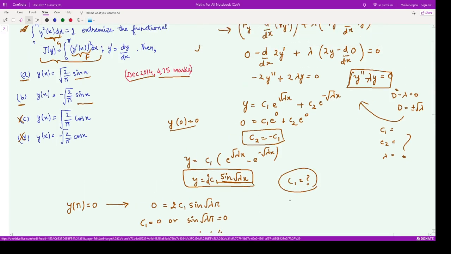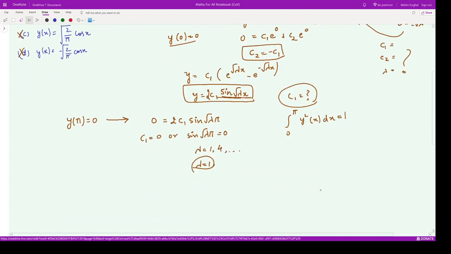The condition is integration from 0 to pi of y^2 dx is equivalent to 1. So let us solve this. Substitute the value of y over here. What is y? It would be the integral of (2 c1 sine of square root of lambda x) whole square dx equal to 1.